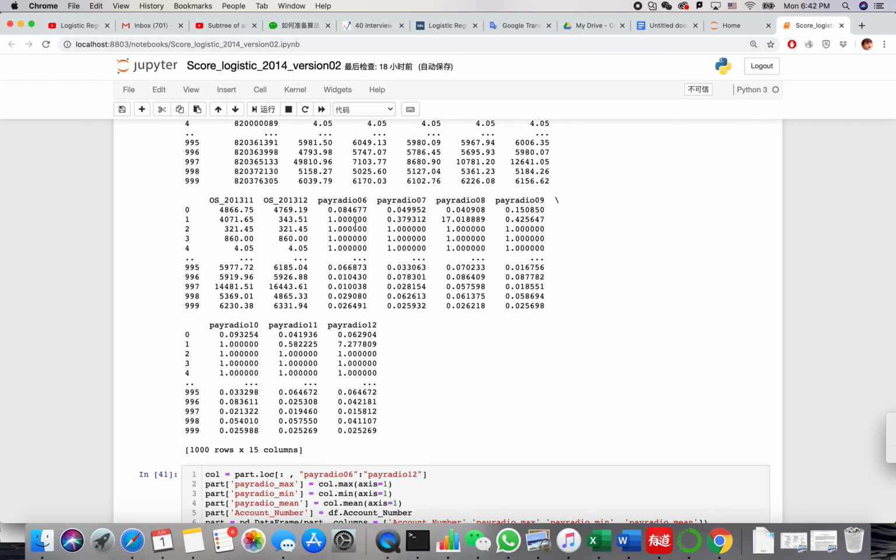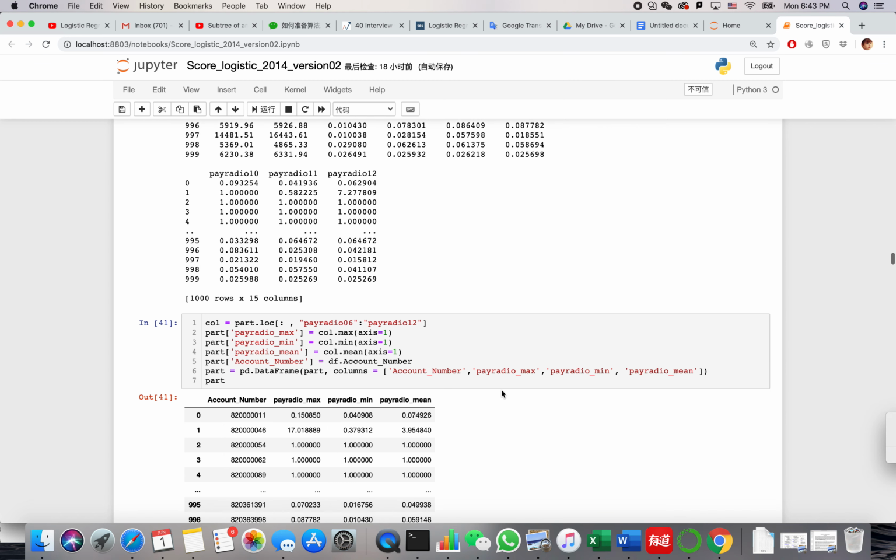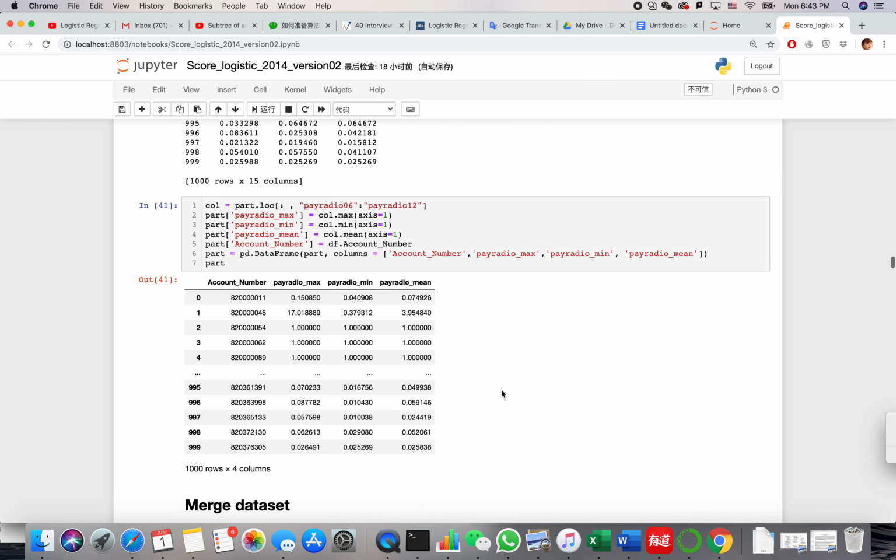So this is the result. We get the variables, and then we calculate them using the max number, mean number, and mean number. So we choose these 3 variables for our model.